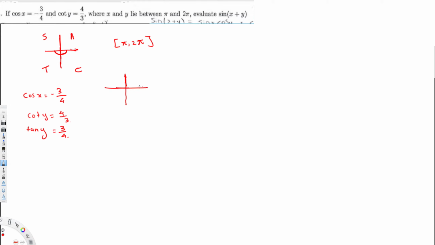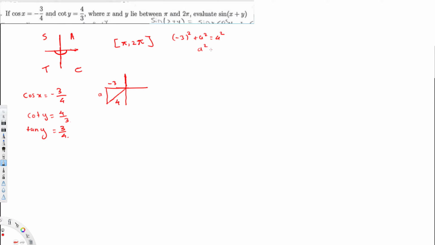First of all, for the x, cos means adjacent over hypotenuse. In this case, adjacent is going to be minus 3 and hypotenuse is going to be 4. From this information, I can find the opposite side using the Pythagorean theorem. Let's say this one is a: minus 3 squared plus a squared is equal to 4 squared.